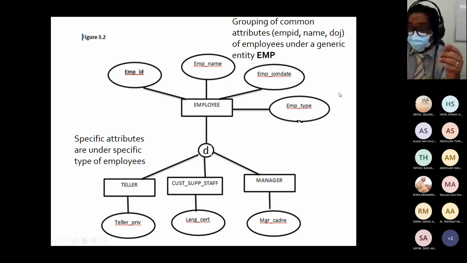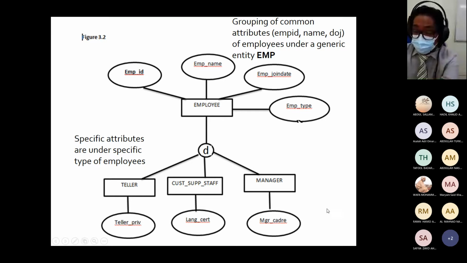All of these are common. So these are all superclass, but for the subclass at the bottom here, not all their columns or attributes are common. Why? Because they are only intended for their specific job nature, like a teller.